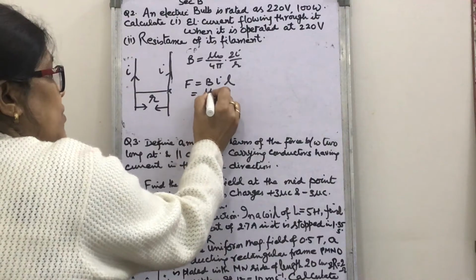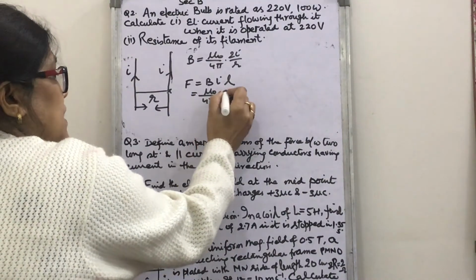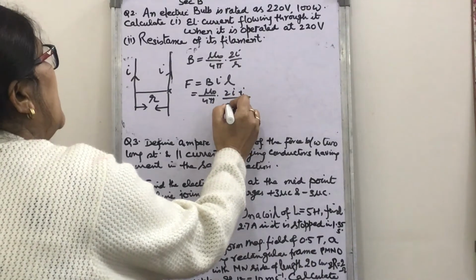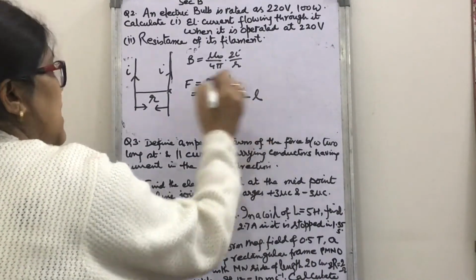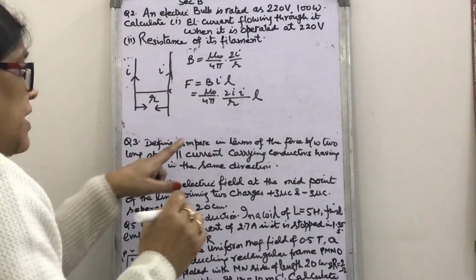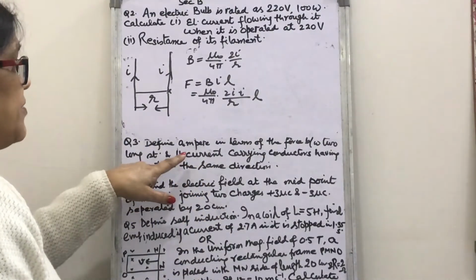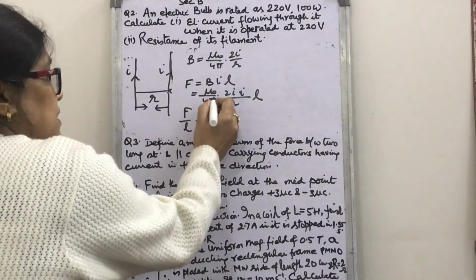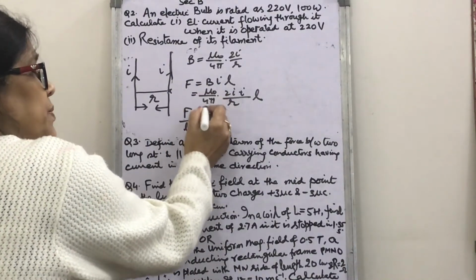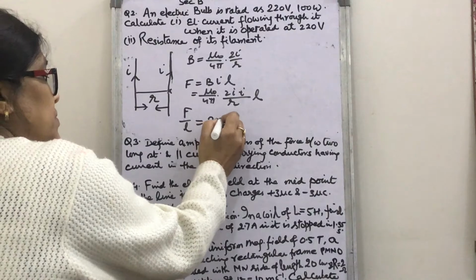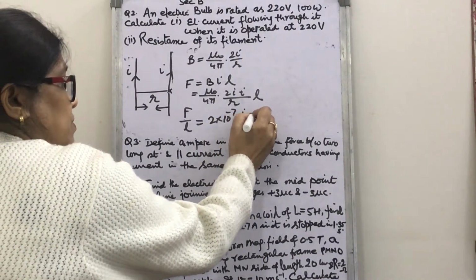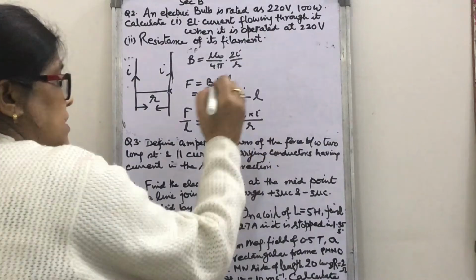Put the value mu naught upon 4 pi into 2I into I upon R into this L. How will you define ampere? Look, this F upon L will be mu naught upon 4 pi is 10 to the power minus 7, then 2 into 10 to the power minus 7 I into I upon R.